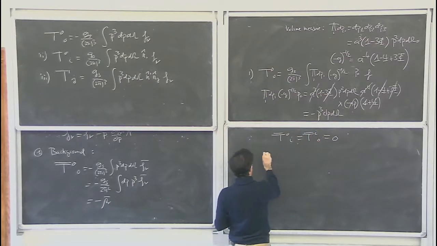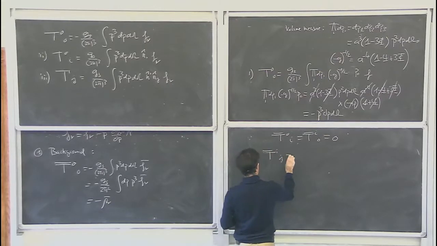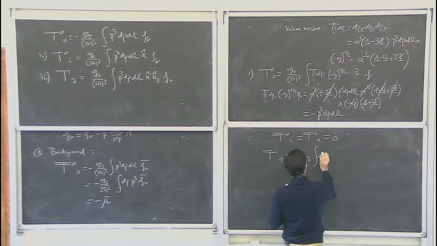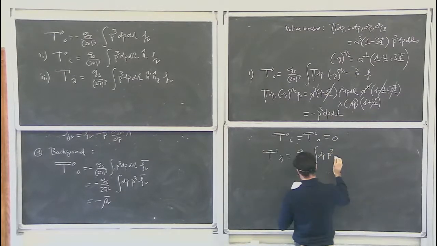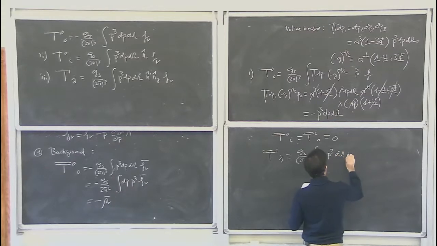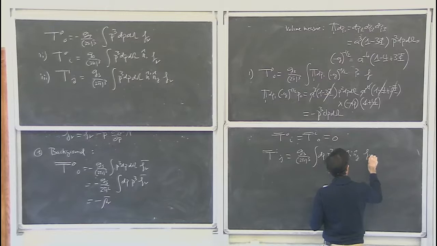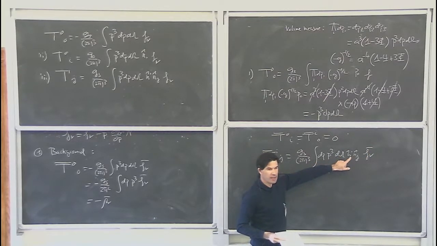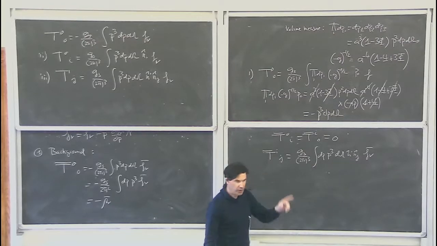And finally, for the ij piece, then I get gs over 2 pi cubed. So now the integral over the angles is weighted by the component of the unit vector on the sphere.